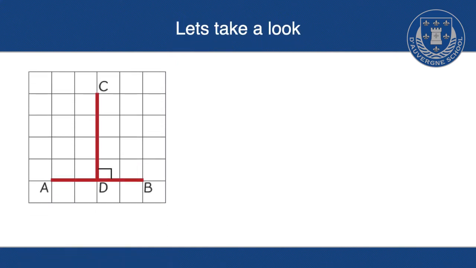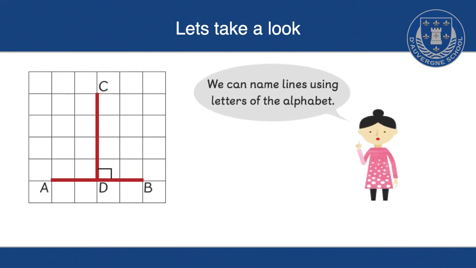And here, if we have a little look, we've got a grid with lines on again, and as you can see, these are perpendicular lines because they meet and they make a right angle. And we use letters to help us label the lines.